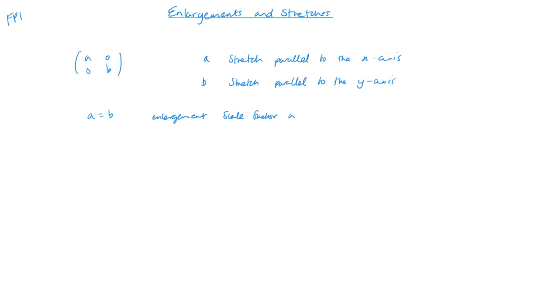If it was a stretch parallel to the x-axis, then points on the y-axis would be invariant points, and any line parallel to the x-axis, including the x-axis, will be an invariant line, but not invariant points, because they're the ones that are being enlarged.